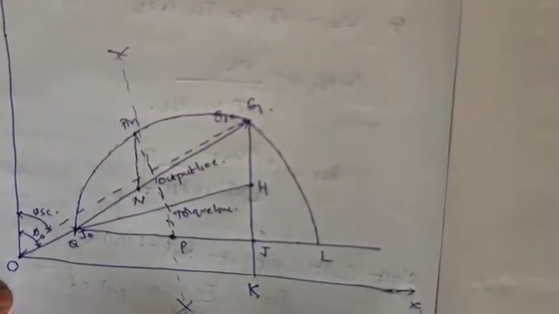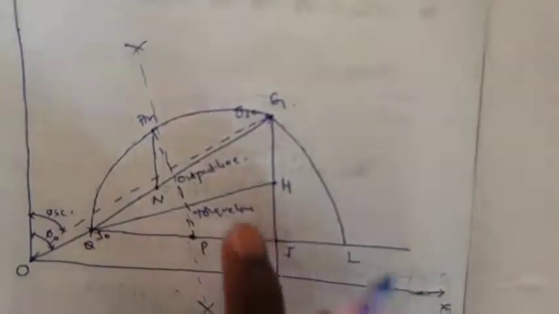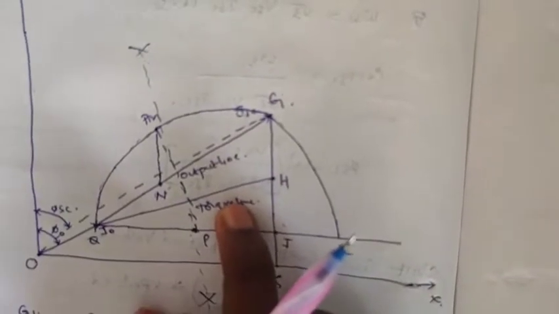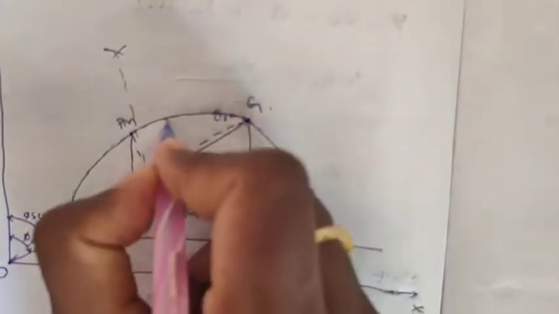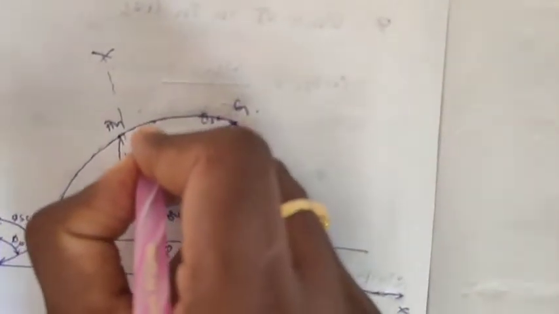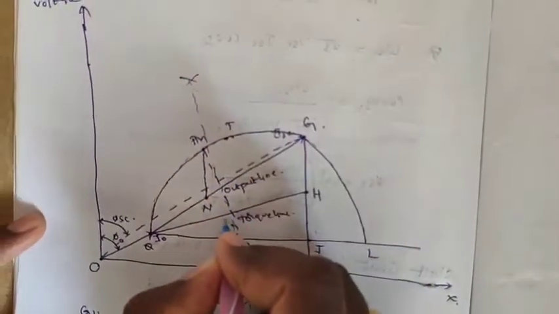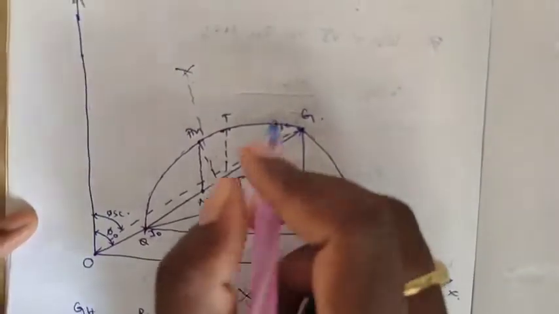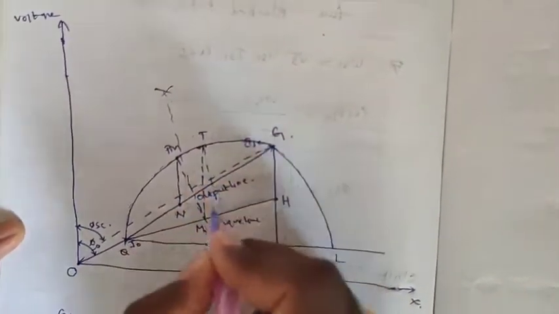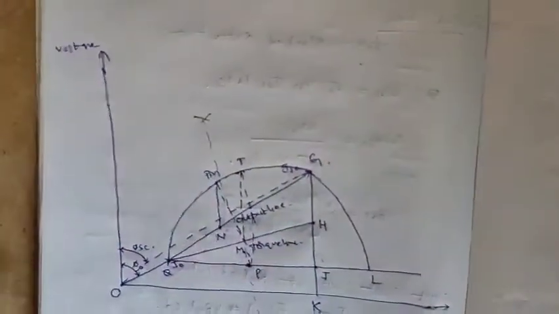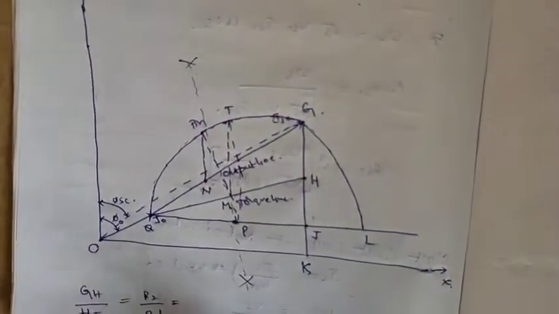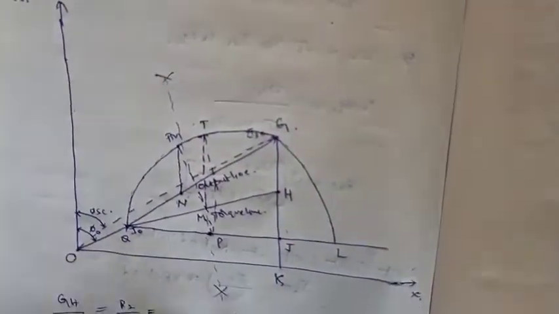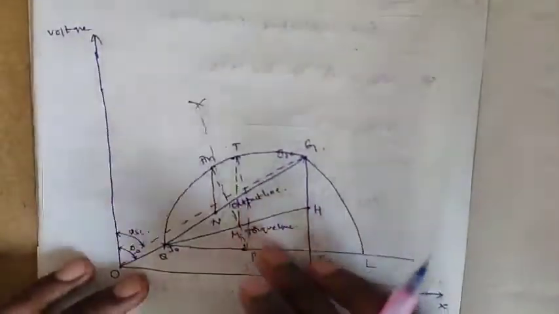In a similar way, draw a line that is perpendicular to the torque line. That cuts at a point, this one is TM. T is a point P. After that, we have to draw one parallel line to the output line.